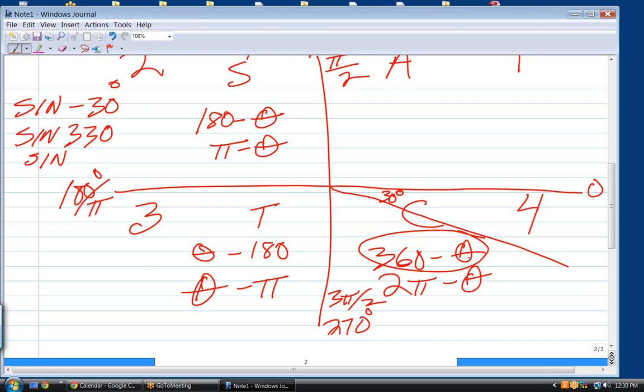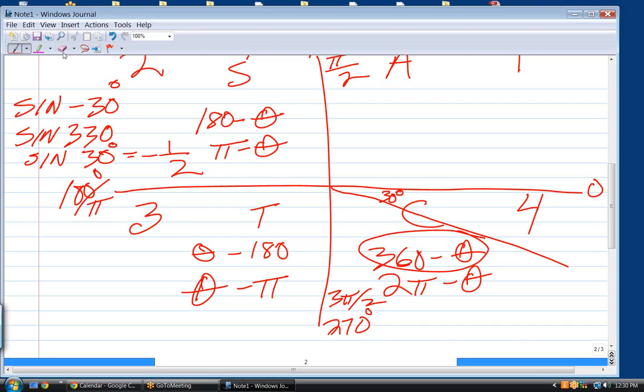Oh, 360 minus 330. So that's just 30 degrees. It's the sine of 30. Okay. So then, what's the sine of 30? 1 over 2. And what is its plus or minus sign in the fourth quadrant for sine? Minus. That's it. Okay? So that's the hard way to do it.